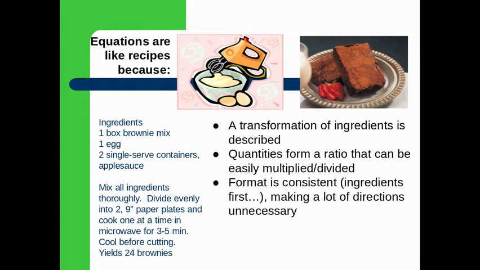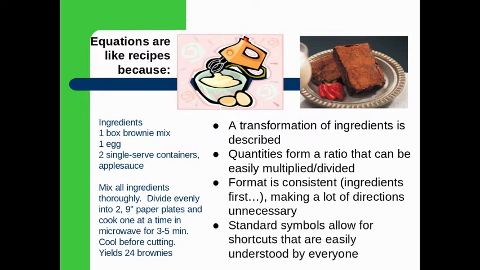We also assume that there's a certain amount of knowledge about the recipe that allows us to simplify the directions. And then we have standard symbols that allow for shortcuts that are easily understood by everyone. And so in the directions, for example, when you see MIN, period, you know that means minutes.